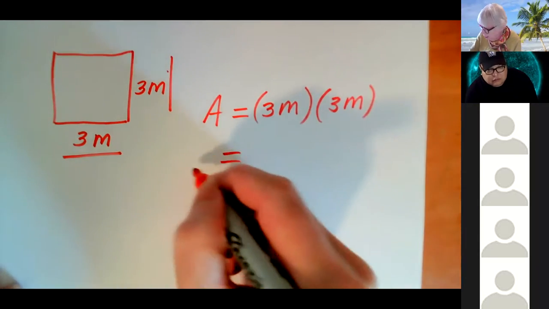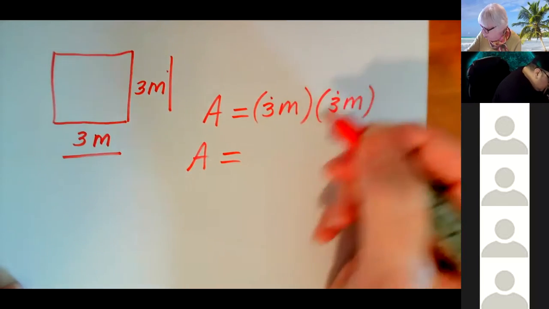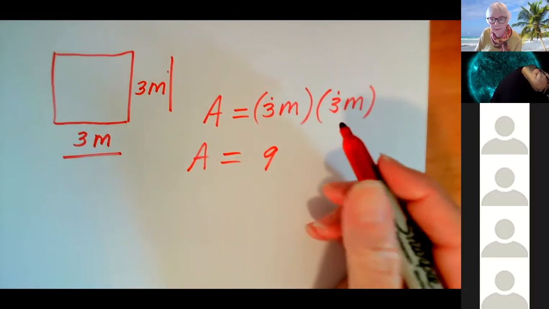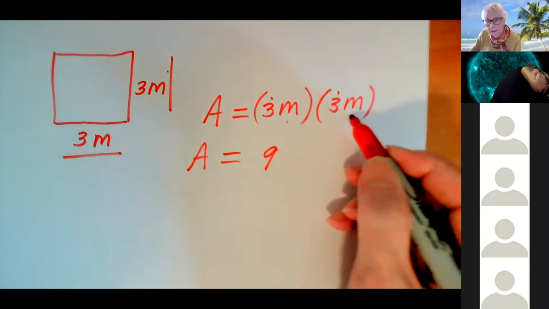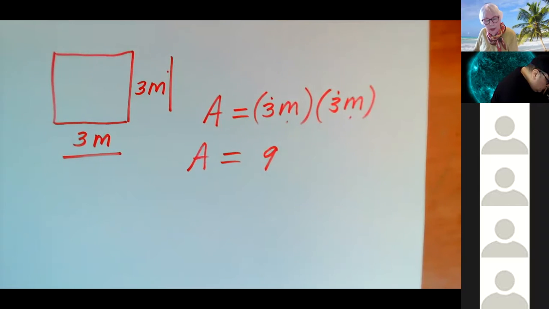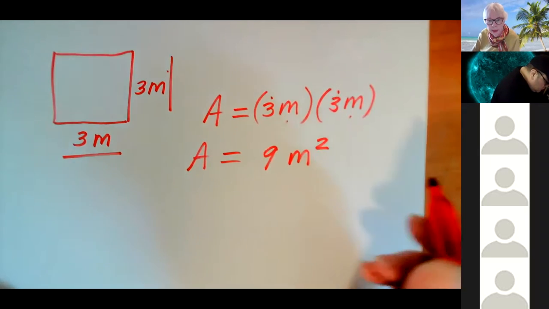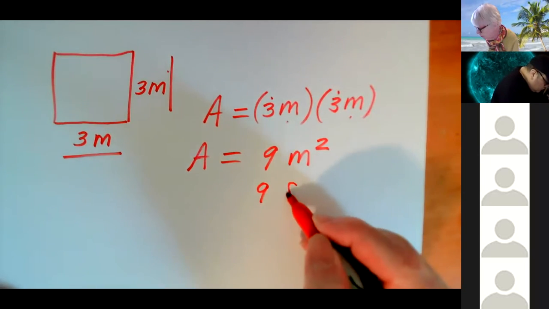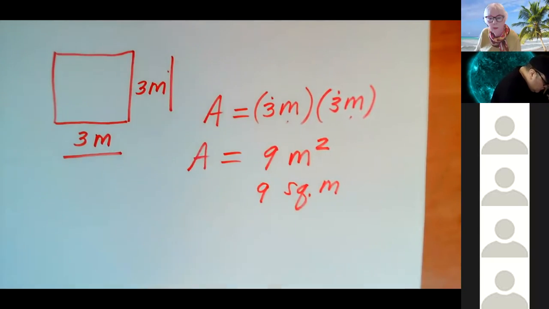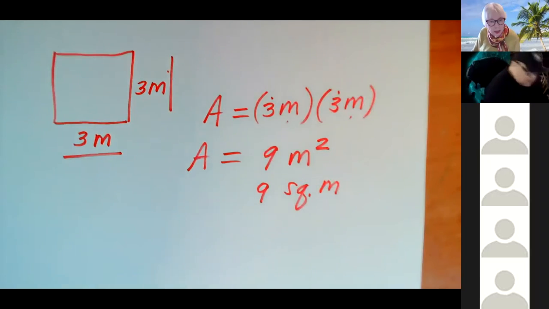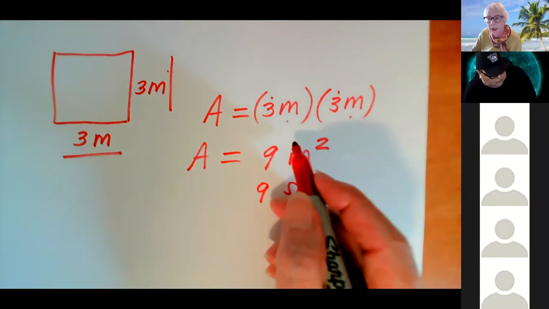So then the number part is 3 times 3, which is 9. The unit, meter times meter, would be square meters. One way or the other, it would be like that. So these two are connected. If it's a square, same thing as the rectangle, same formula, the length times the width.